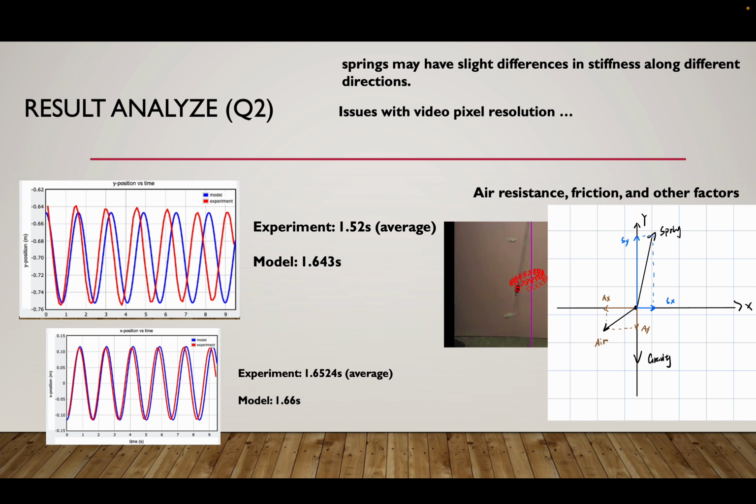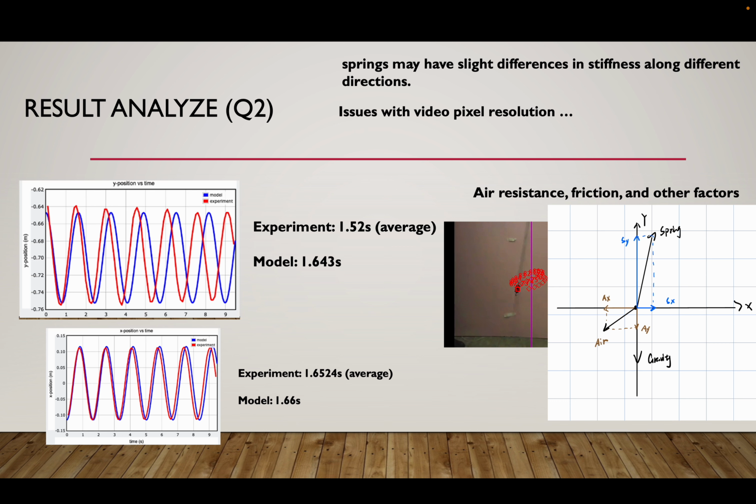So there are some explanations. First, we can see on this graph, if we take into account reality, which is air resistance, friction, and other factors, we can see that in the y direction there's actually more force exerted on it. So it's much more complicated and complex than the x-axis.